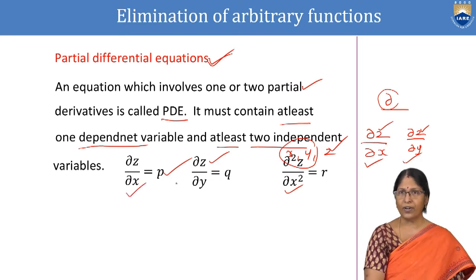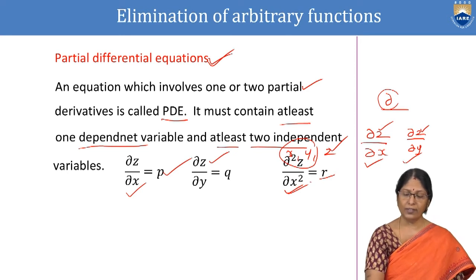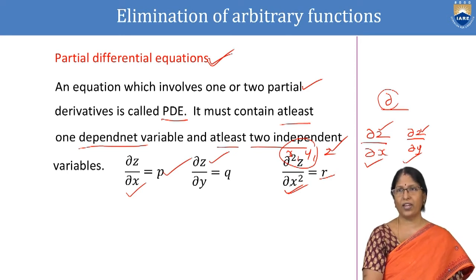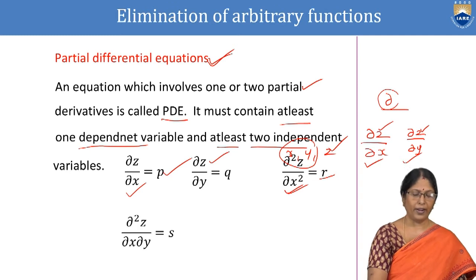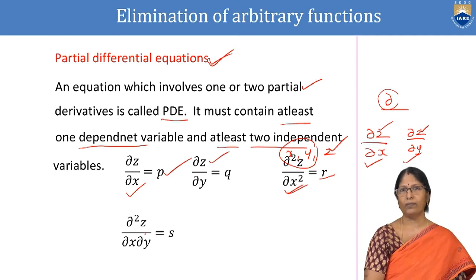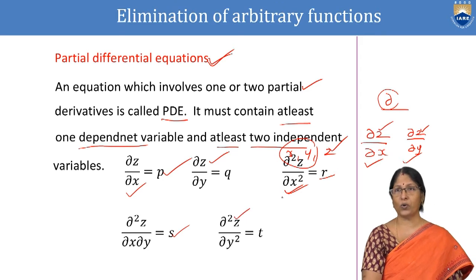The symbol denoting two times differentiation, ∂²z/∂x², is small r. Next, ∂²z/∂x∂y is represented by s. ∂²z/∂y² is represented by small t.